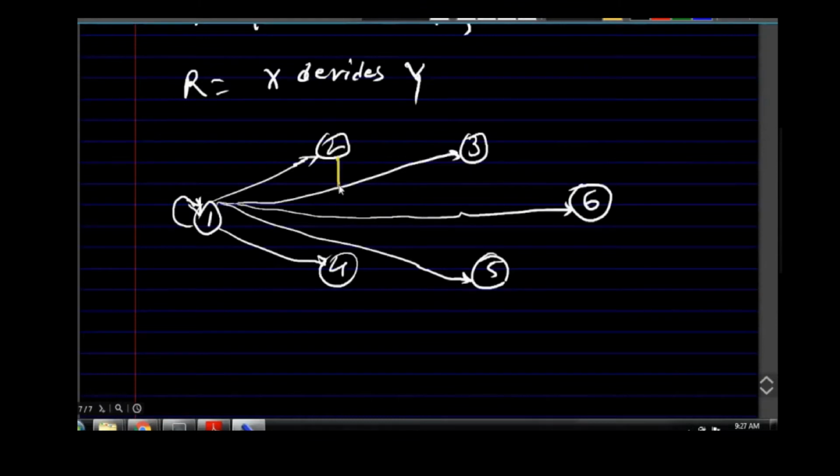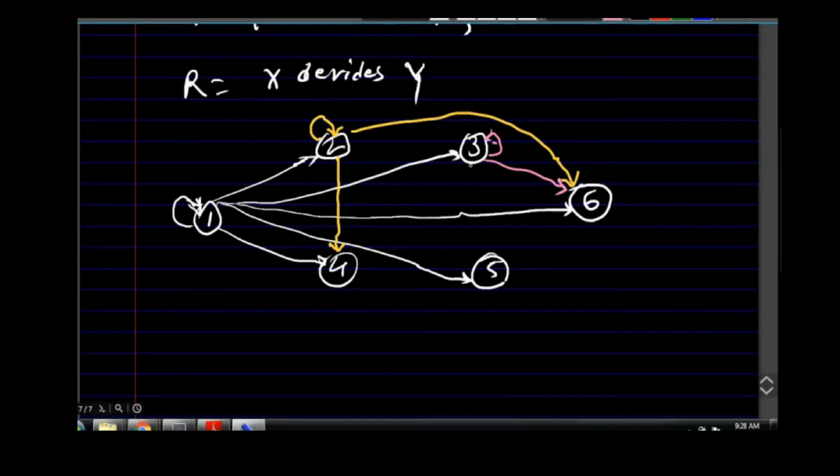Then next select 2. 2 will have an edge to 4. Then 2 will have an edge to 6. Am I right? And 2 will have a self edge also because 2 divides 2. So this is about 2: 4, 6, and self. Then next element select as 3. So 3 will divide itself, and 3 will divide 6.